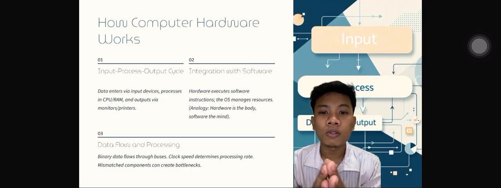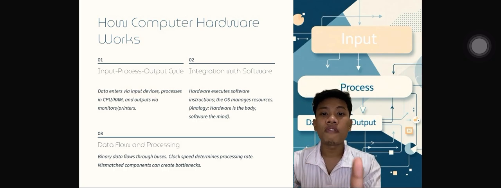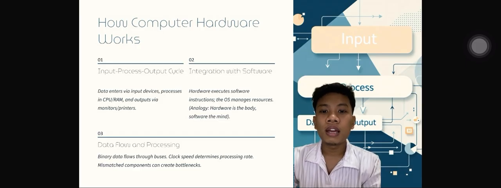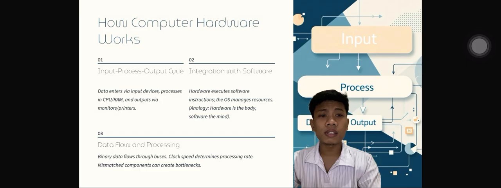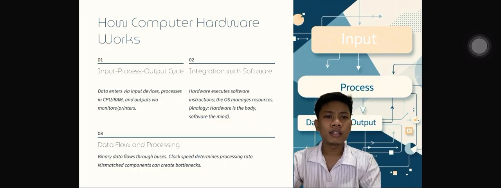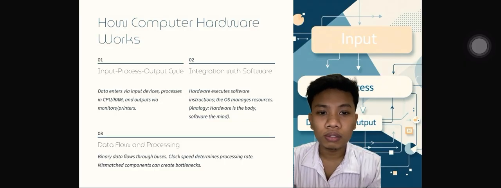Then, how does computer hardware work? First, the input-process-output cycle. Data enters through input devices, is processed in the CPU or RAM, and is output through the monitor or printer. Then, integration with software.